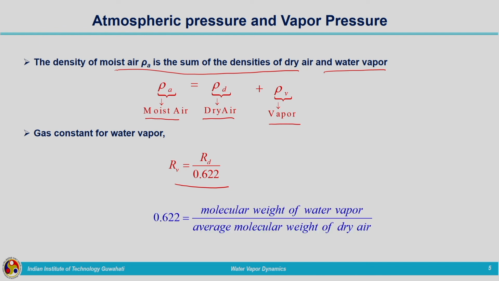It is the ratio of the molecular weight of water vapor to the average molecular weight of dry air. So, Rv can be calculated from Rd by dividing the value of Rd by 0.622.